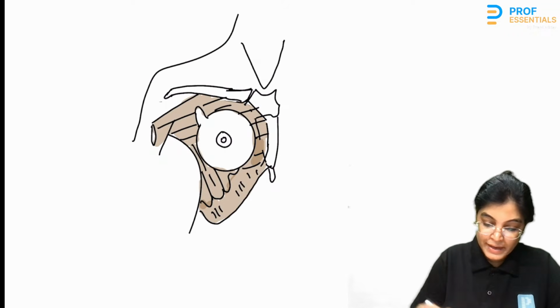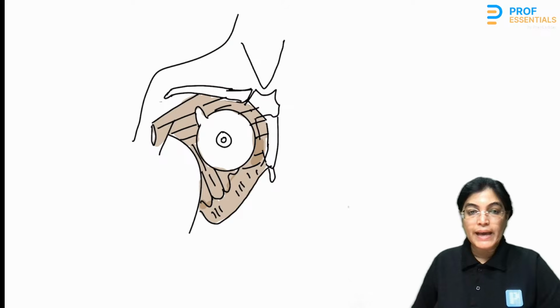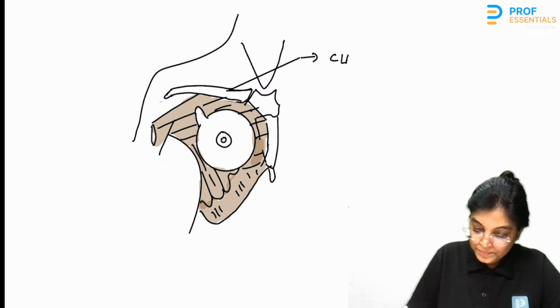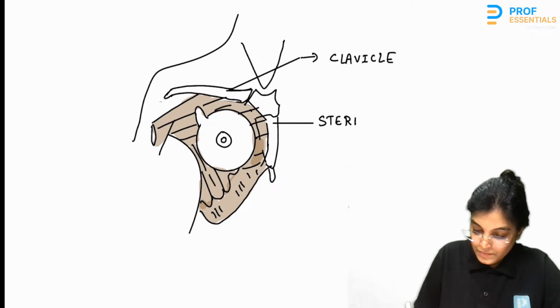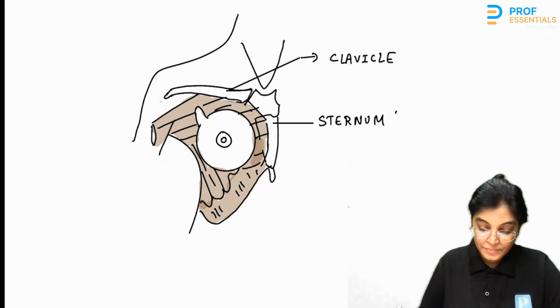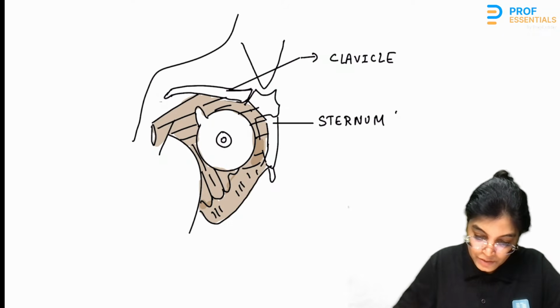So please write the heading. A very simple diagram I have drawn. Here, if you want, you can draw that this is the clavicle. This is the sternum. On one side you can write the heading. And here I will use a red color.